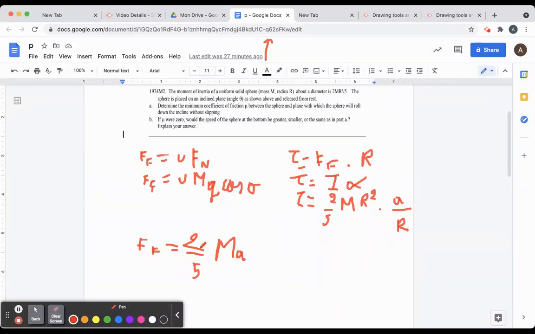And we have the acceleration formula, so we'll plug in the acceleration value and we will find coefficient of friction times mg cos theta.